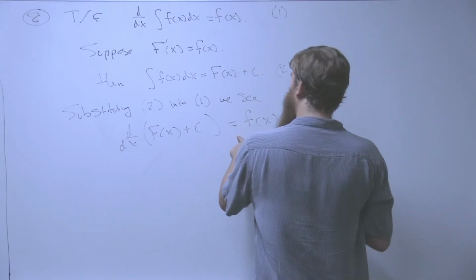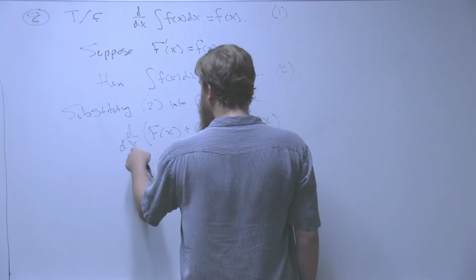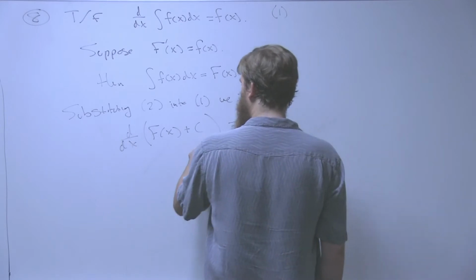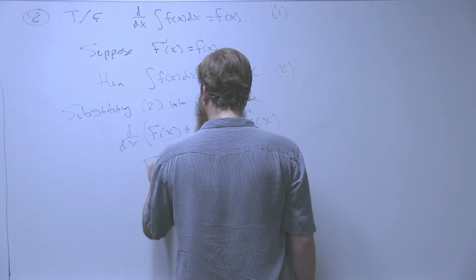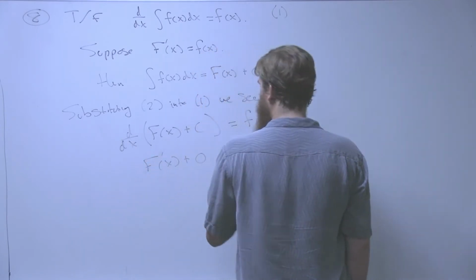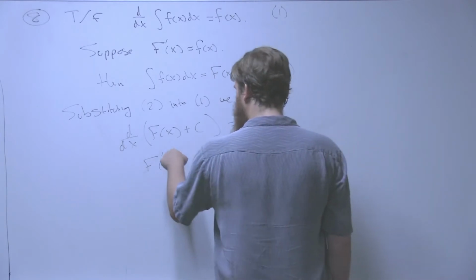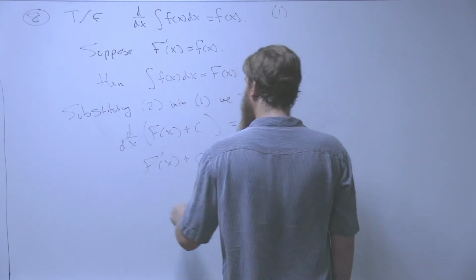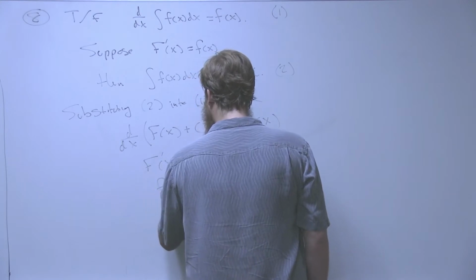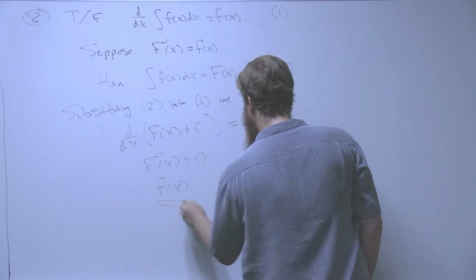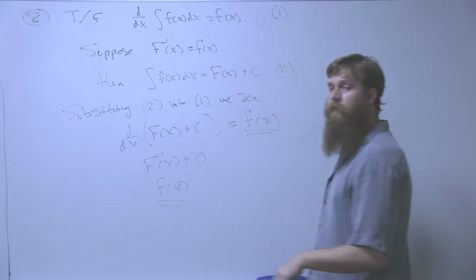We want to know, is this a true statement? But now d dx of capital F of x plus c is equal to F prime of x plus 0. And F prime of x, by definition, as an antiderivative, is equal to little f of x. So yes, those are equal. This is a true statement.